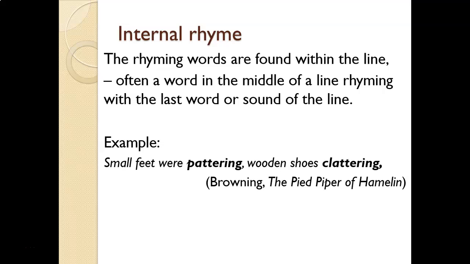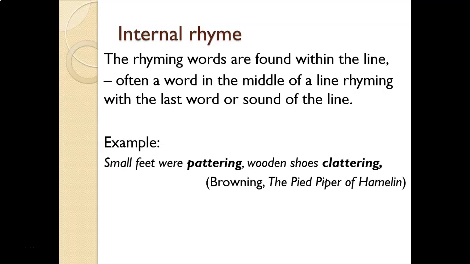The first thing that we need to know today is internal rhyme. If you want to learn internal rhyme, you should already know what a rhyme is, which we explained in the previous lecture. In internal rhyme, the rhyming words are found within the line. So when inside a line there are two or more rhyming words, we call it internal rhyme.